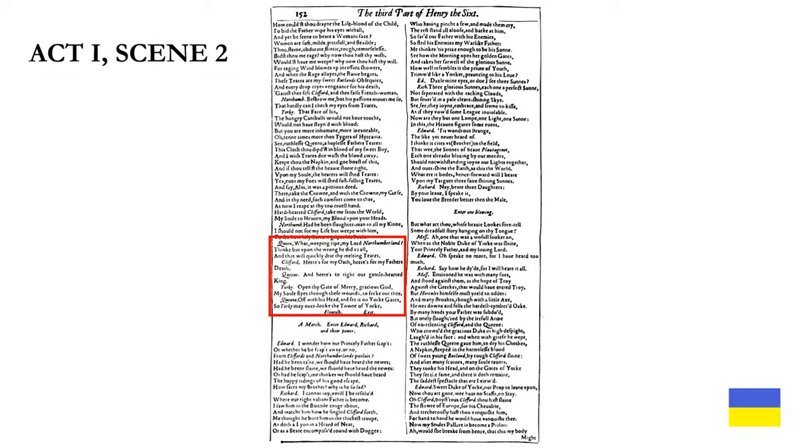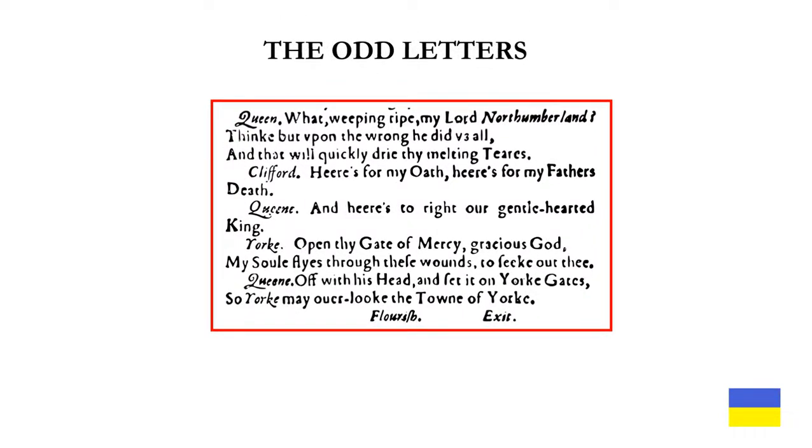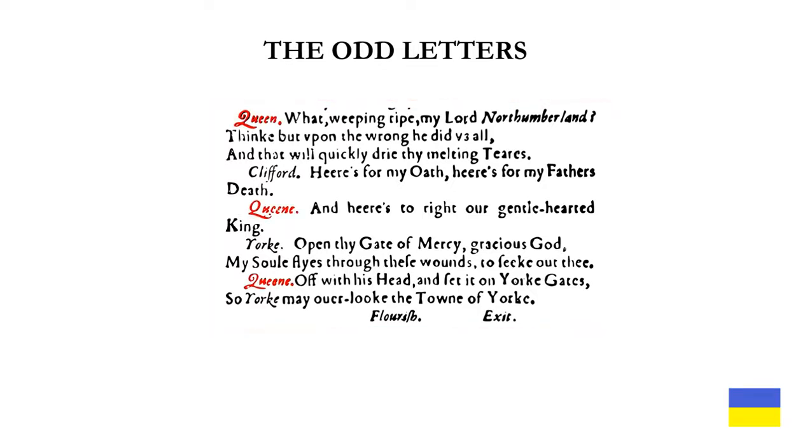Then I looked at what is now Act 1, Scene 2, and the final lines in that act. I noticed some odd letters. They appear at the beginning of the word queen on 3 successive speech lines.